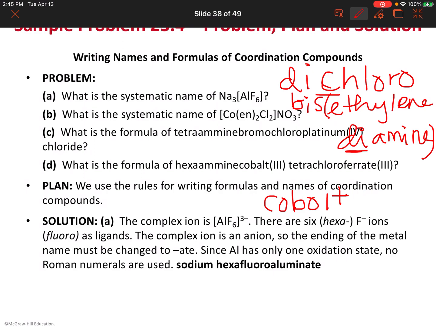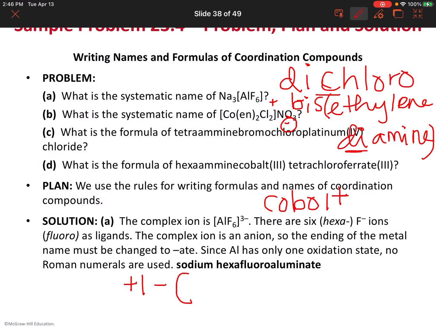Okay, so now this part is nitrate, -1, so this whole thing is +1. So +1 is the complex cation, minus the charges of the ligands will give us the charge of the metal ion.